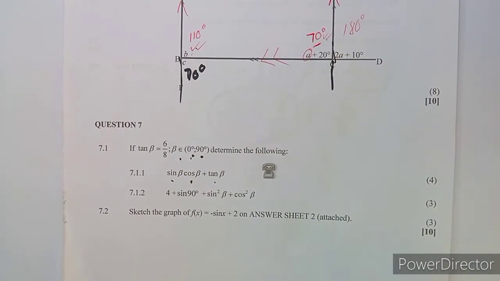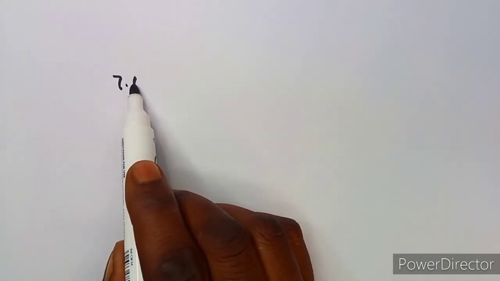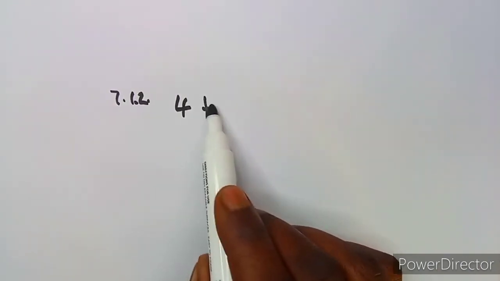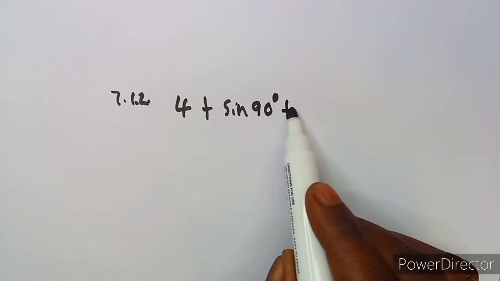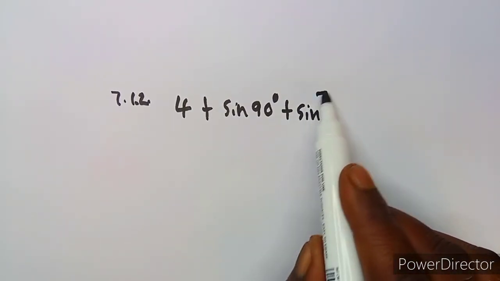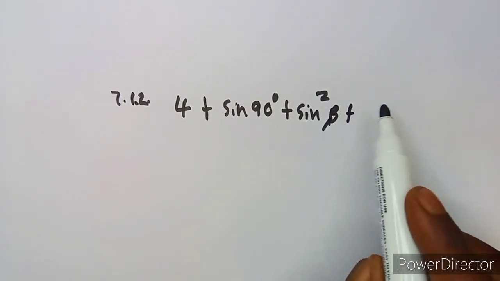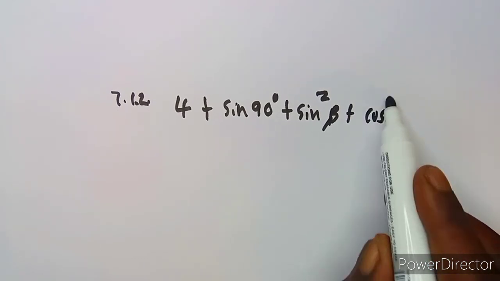All right, another part is 7.12, still a continuation from the same information, but this time what are we determining? We are given on 7.12 to determine 4 plus sine 90 degrees plus sine squared beta plus cos squared beta.